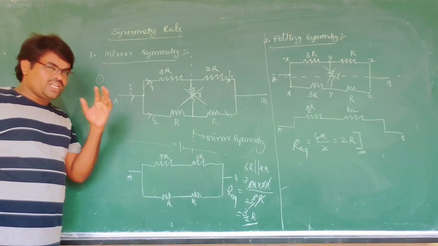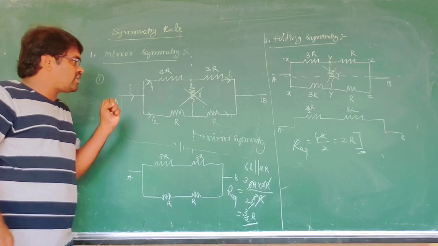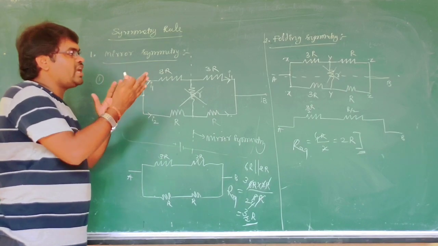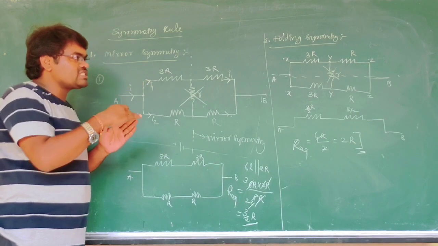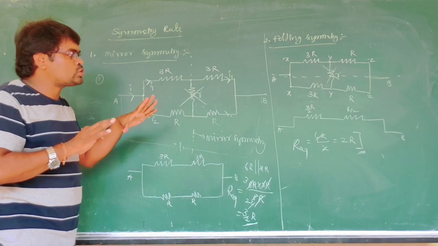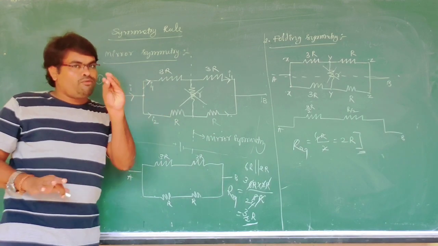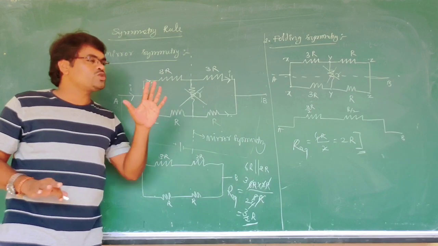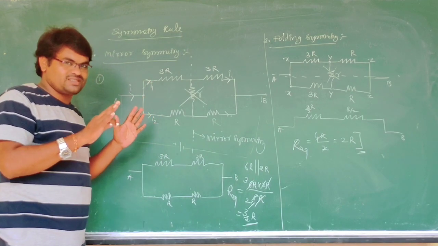Mirror symmetry. Now you got the idea, I think, when we are applying the mirror symmetry and the folding symmetry. These symmetrical model problems we apply for all resistors that are almost the same, equal resistors.